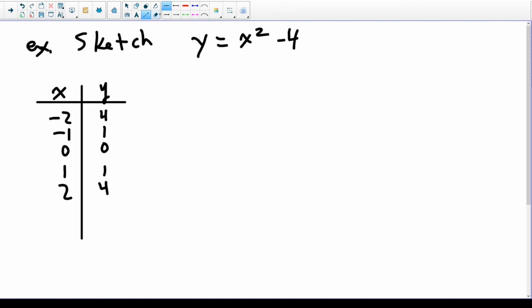And then you're going to create a new table using this transformation, remembering that the transformation affects the y values. So we're subtracting 4 from all the y values. So we're going to go -4, -4, -4, all the way down. And then we're going to create another table of values with those new numbers.